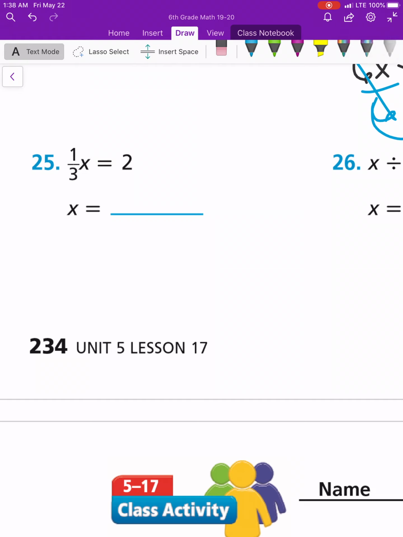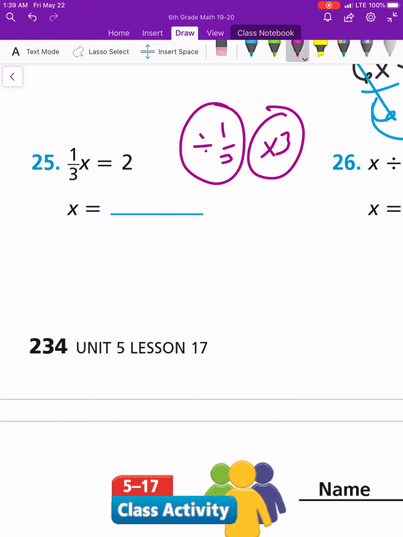So I need to do the inverse of that. I can either divide this by 1/3, right? Divide by 1/3. I'm sorry. Yep, that's right. Nope, I'm correct. Or multiply by 3. These are the same things. What I'm saying is the same.